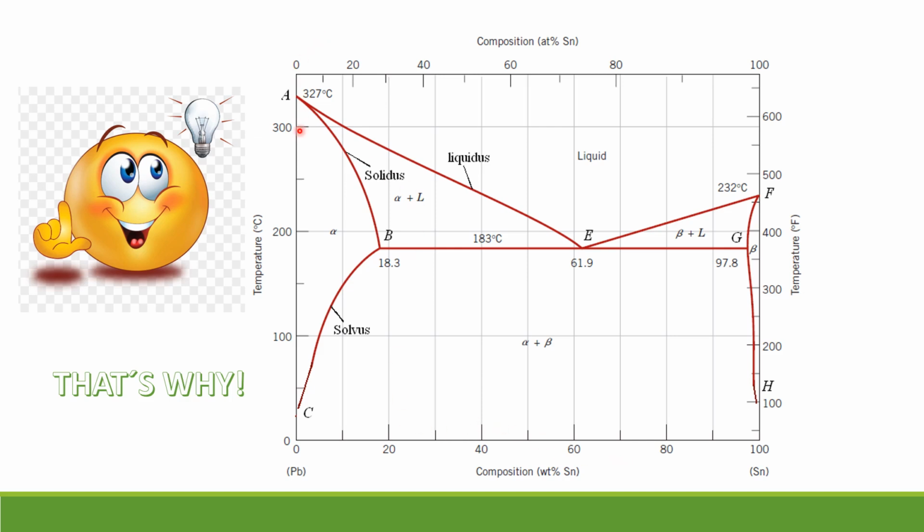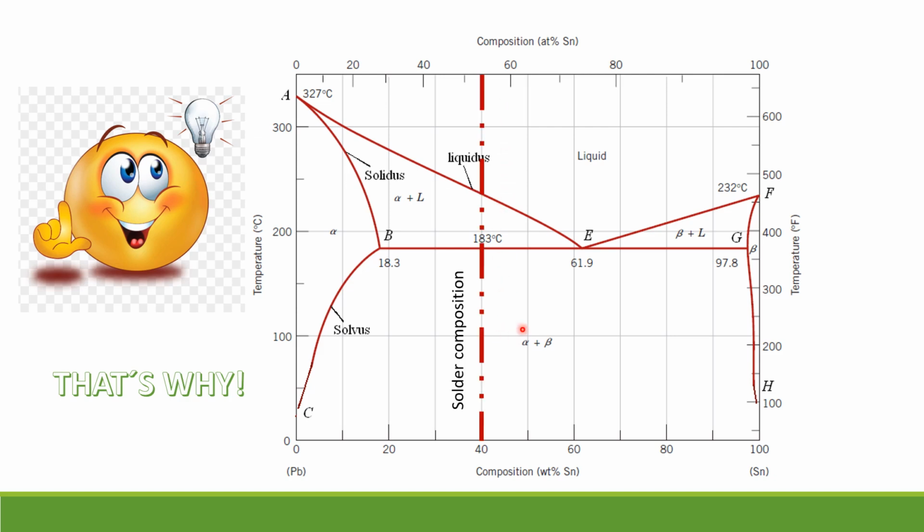And here we are representing temperature. In this diagram, at high temperature, we have a liquid formed by tin and lead. At low temperature, we have here a solid, or here another, different solid. And here we have two solids which are coexisting, present simultaneously.